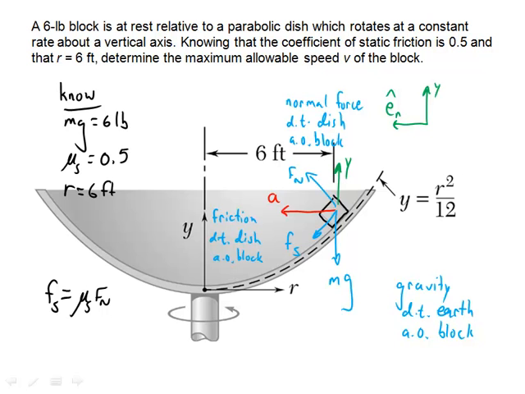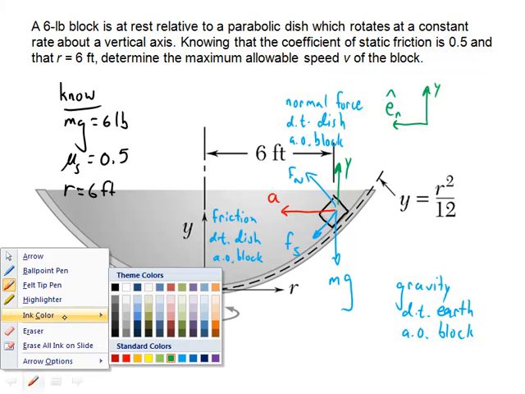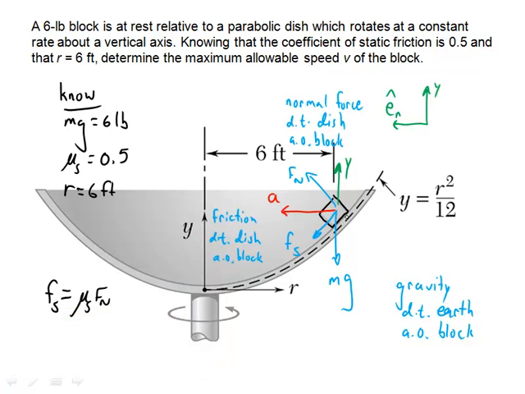Well, how do I find my angle? Remember that we can find tangent to the curve, because we know the equation y equals r squared over 12, and so in this direction there's some angle theta, but the tangent of theta, hence tangent to the curve, is equal to the rise over the run of this curve.